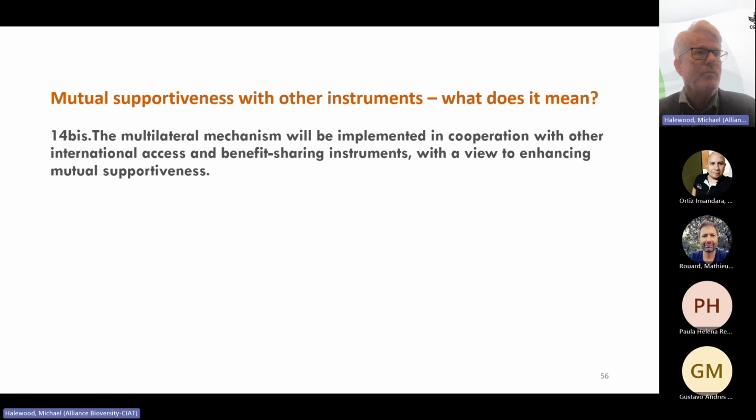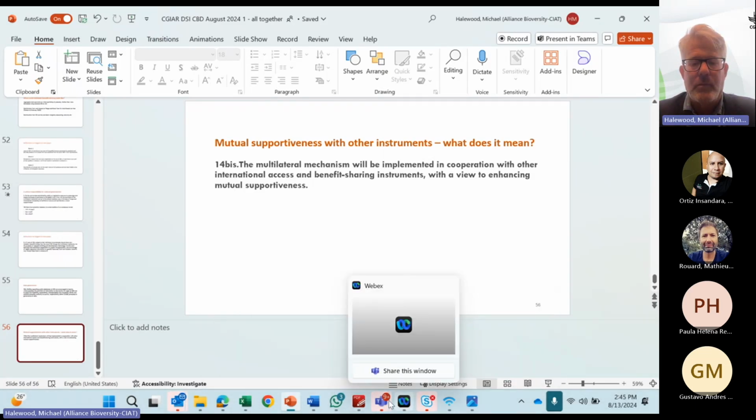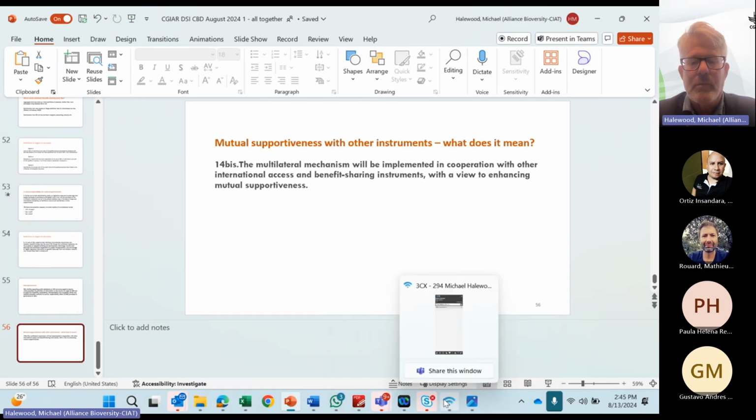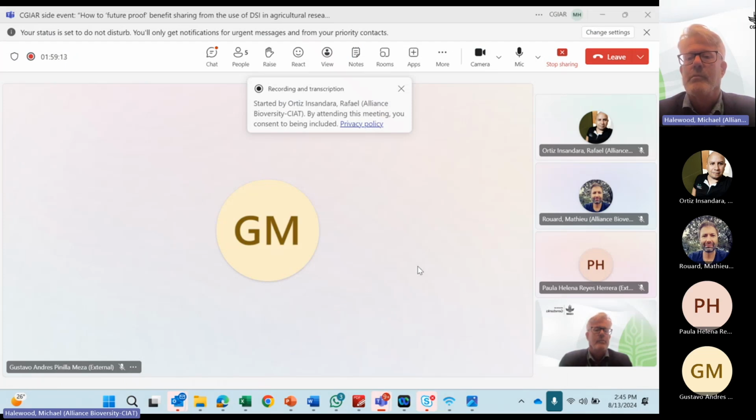On mutual supportiveness, because you mentioned the subscription system, right? The question is basically if subscriptions are like Netflix, right? You pay for access, which is the opposite of equity, I guess. So the question is, in the expansion of the scope of the treaty, is the subscription model just for the physical genetic resource or also for the DSI?